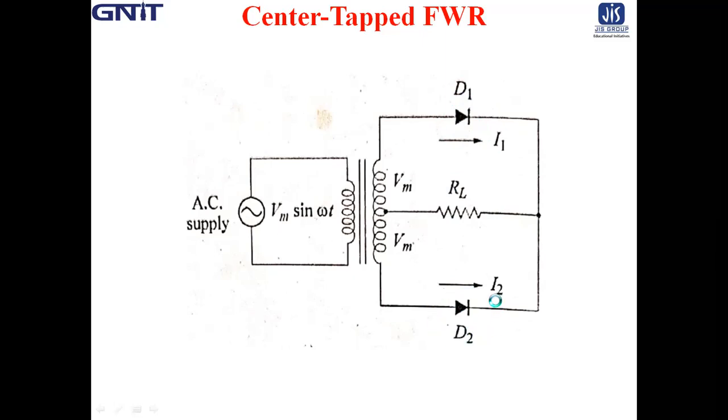And ultimately we have determined IDC, VDC, IRMS and VRMS values, and determined the ripple factor, which is 0.486 for the center tap full wave rectifier, whereas in the half wave rectifier it was 1.21.